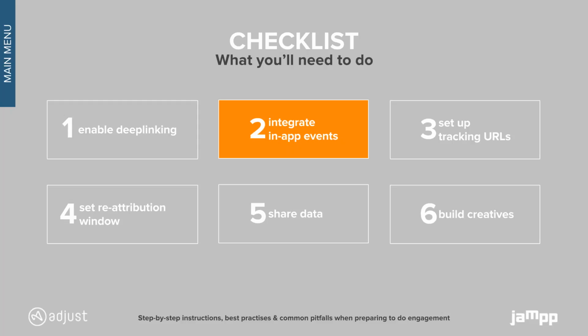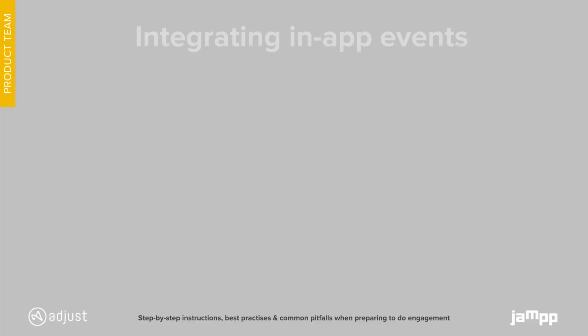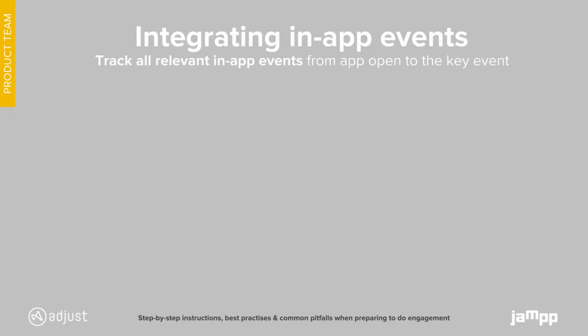And now we're going to look at integrating in-app events. So as an advertiser, the most valuable thing you can do to enable the best engagement results possible is to collect all your in-app activity correctly. So this implies you're tracking all the relevant events in your app event funnel, from the app open event right through to the key event, which might be purchase, for example.